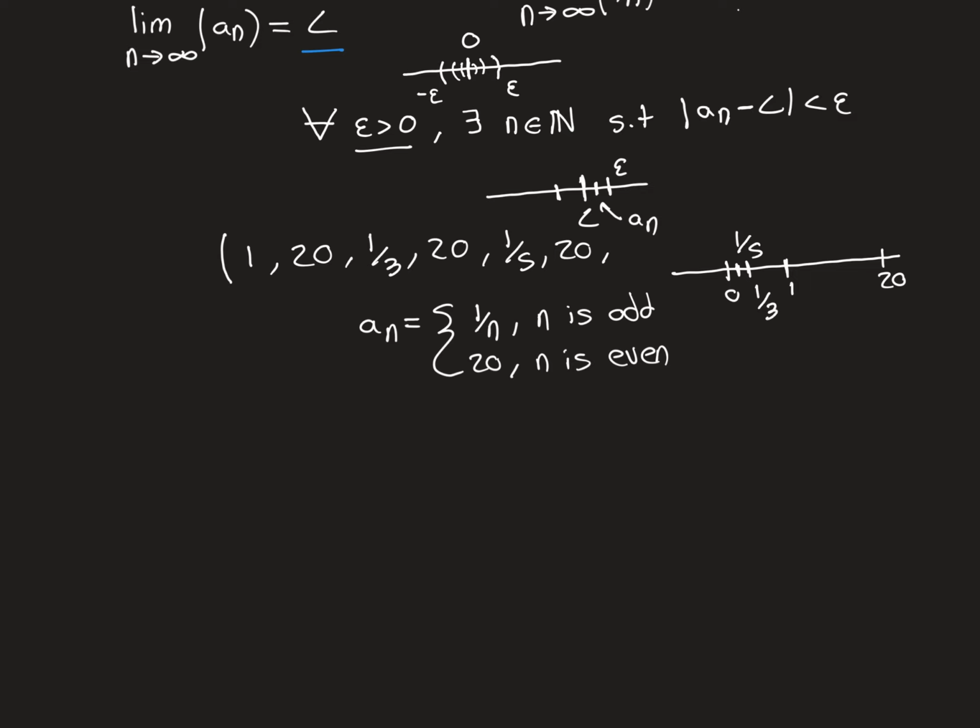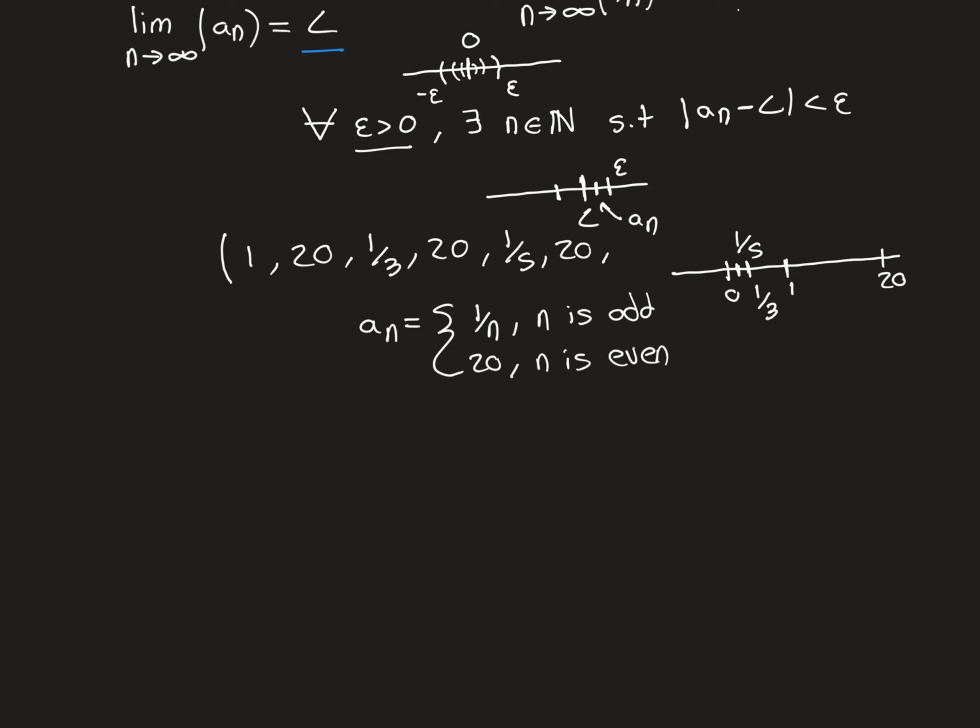So this sequence goes as follows. It goes 1, then it goes to 20, then it goes to a third, then it goes to 20, then it goes to a fifth, then it goes to 20, and it gets indefinitely close to 0 on the odd terms, and then all the while it's flitting back to 20 forever and ever. It continues flitting backwards and forwards between something that's converging to 0 and something that just sits at 20, 20, 20.